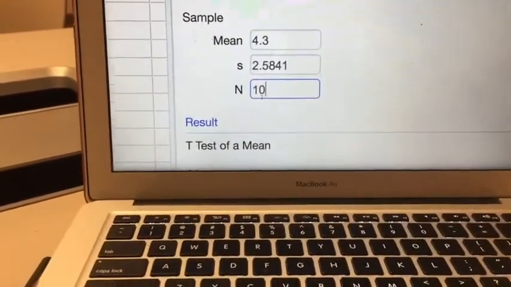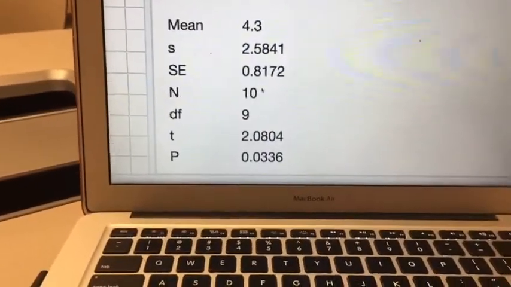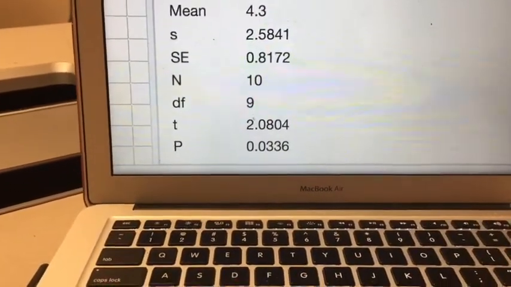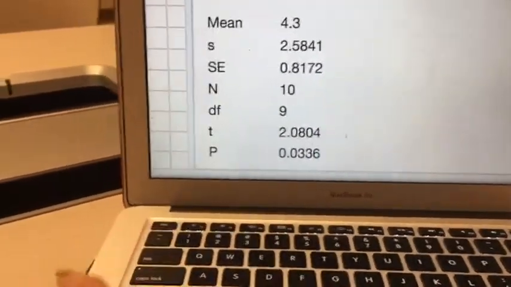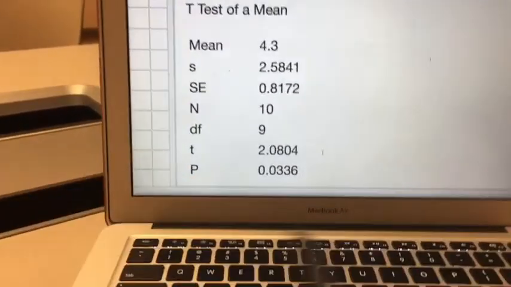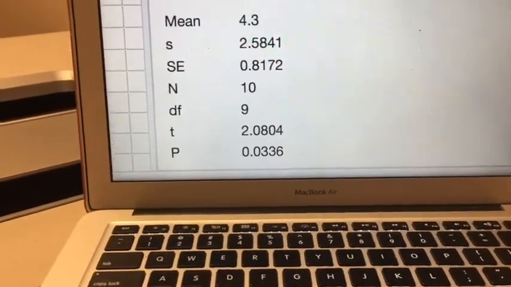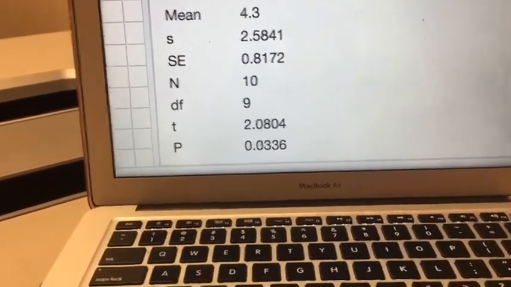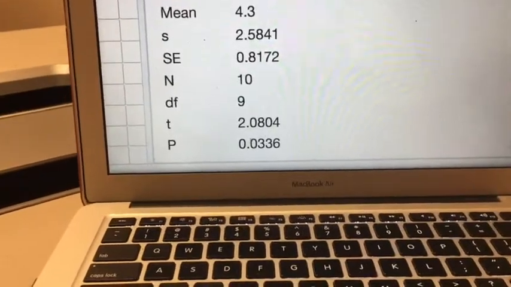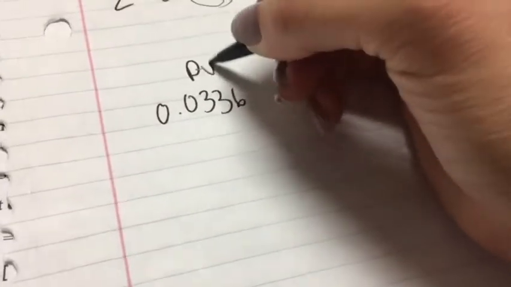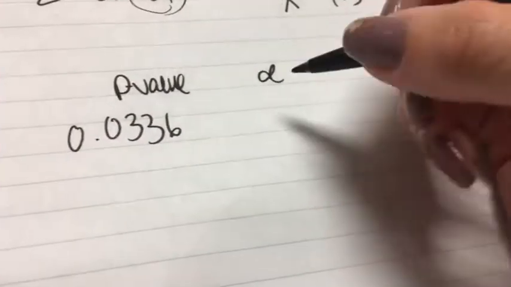And so once you put all of those in, it just computes it for you. And so it tells me that my T value is 2.0804, and then it gives me the P value from that. And it tells me that my P value is 0.0336.